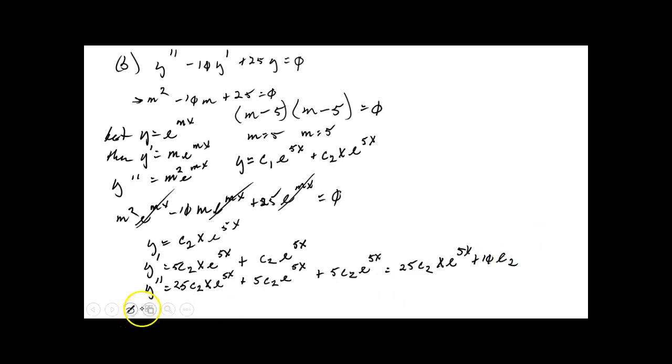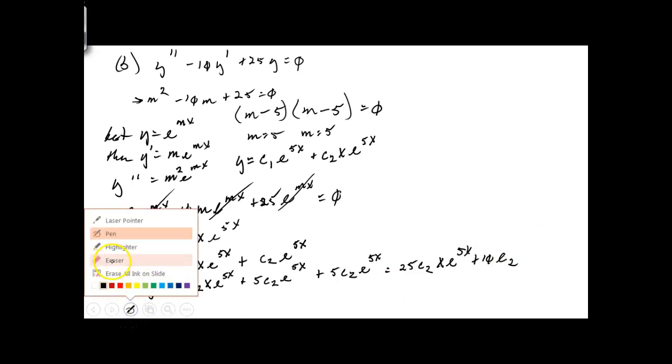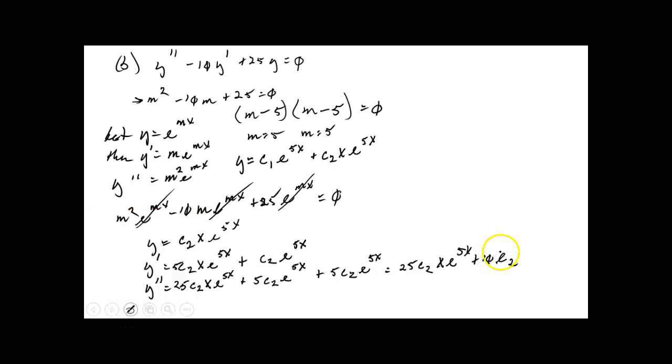That's an ugly C, isn't it? My pen went out on me, so I couldn't see what I was writing. And the eraser's not working. Okay. Plus 10C2 e to the 5x. So that's our y double prime.